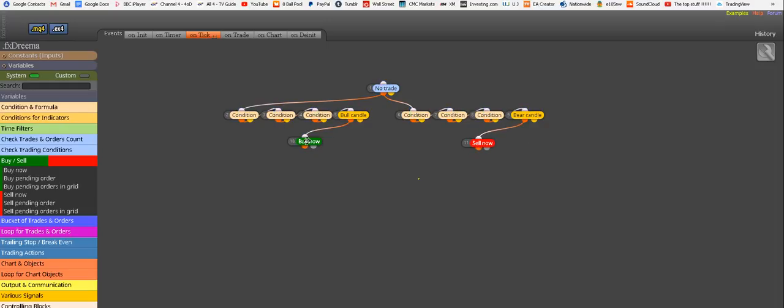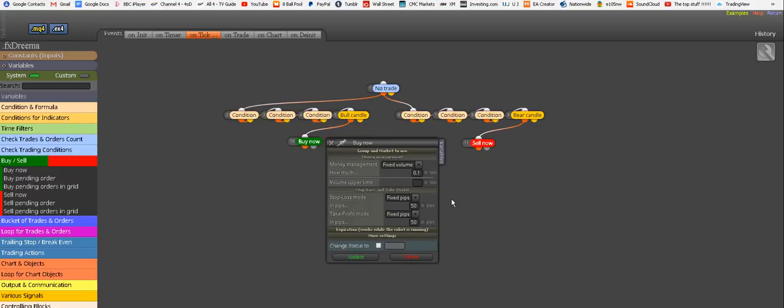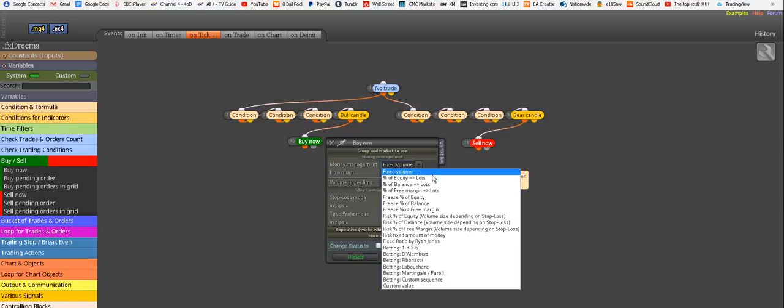Now, because we're working on a 5-minute chart, we're going to put appropriate stop losses and volumes into it. So let's start from the beginning. This is all good as it is, but I prefer to change. This is lot size, by the way. So what is going to be the size of the order that the robot starts trading with? Instead of fixed volume, I would have percentage of equity.